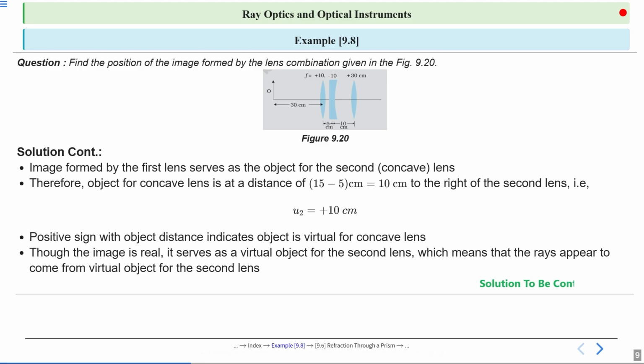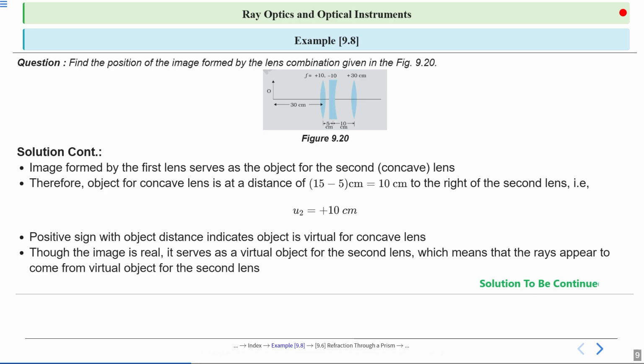If the concave lens were not present, then those rays would meet at 15 cm from the first convex lens, but the concave lens is there, so that position of image formed by the convex lens will act as the object for the concave lens.